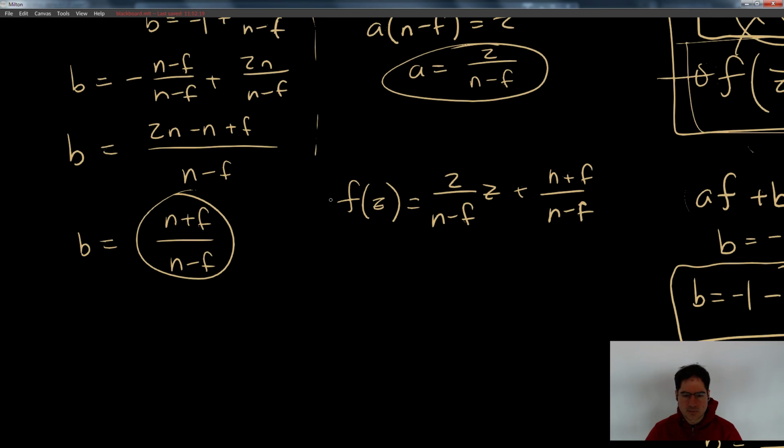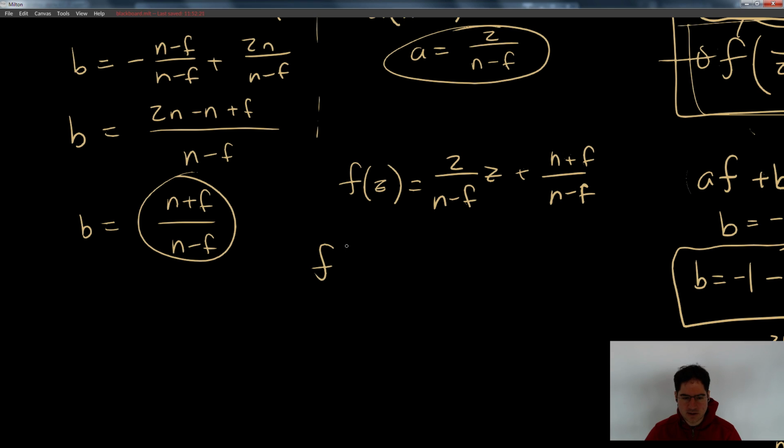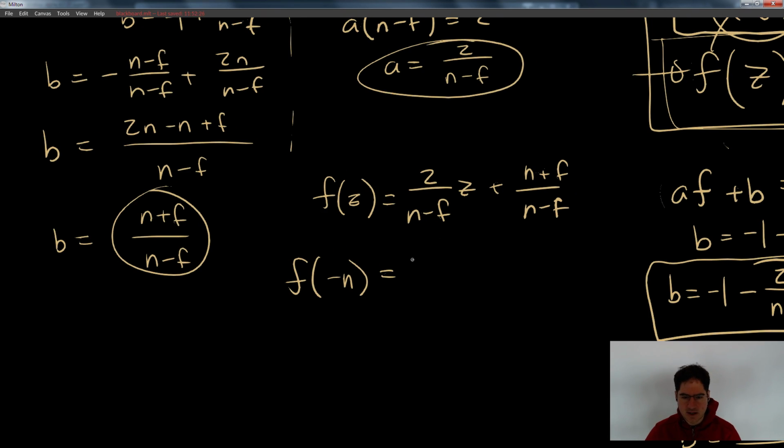OK? Plugging in to check, if I want to take a look at what my function will be if I plug in negative n, let's see what I get. I get negative 2n over n minus f, because I'm plugging in negative n here, plus n plus f over n minus f.